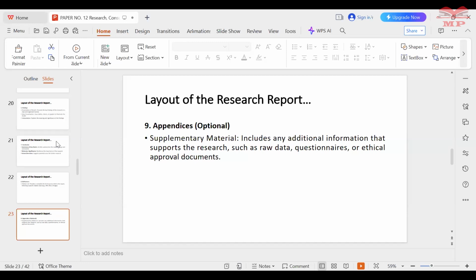So the appendices are optional, but it is important to know that certain reports may require an appendix or appendices so that they can be attached, and they need to be referenced in the main body of the report. If the writer of a report is indicating that a questionnaire was adopted and the questionnaire had 3 parts, then an appendix could be attached, and the questionnaire can be referred to in the research methodology section.